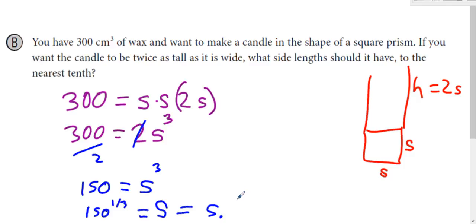You get about 5 point, let's do the nearest tenth, so 5.3. So the side is going to be 5.3, the height would be 10.6. It doesn't explicitly say that, but we can write it down.